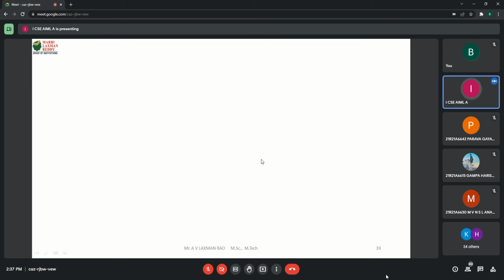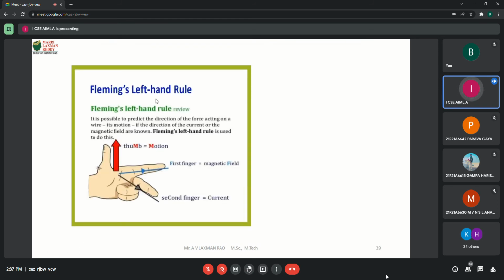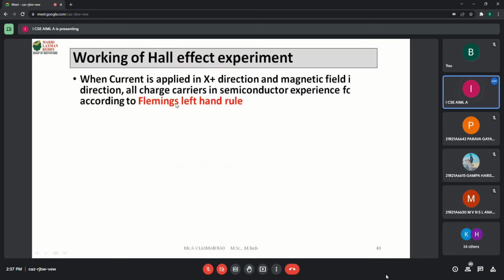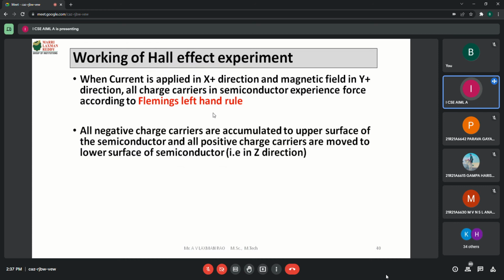Working of Hall effect means what? It follows Fleming's left hand rule. What is that Fleming's left hand rule? When you apply the magnetic field on charged particles, in which direction will the force be experienced by the charged particles? That follows a rule called Fleming's left hand rule, which you have to write.